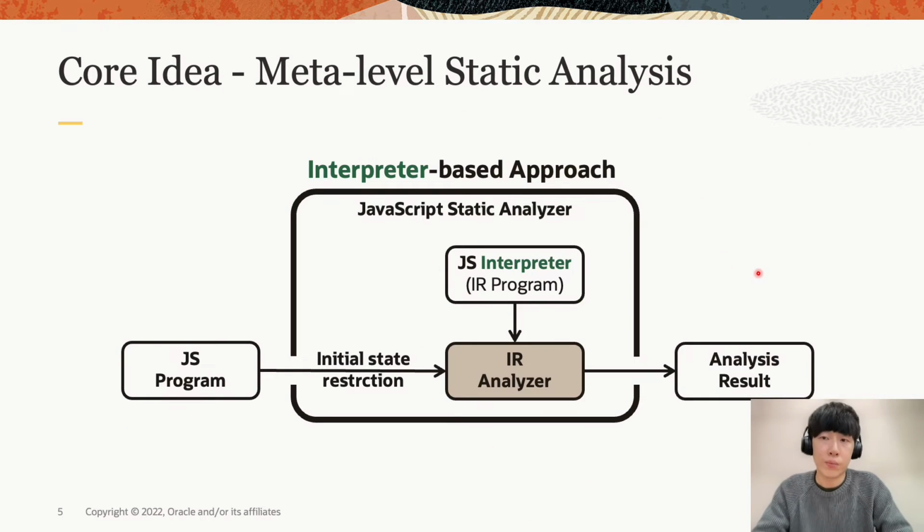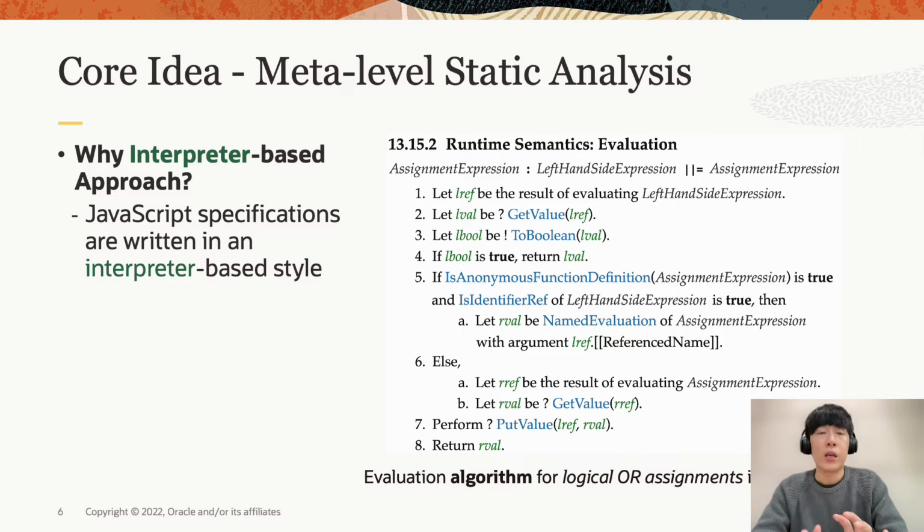To alleviate this problem, we presented a novel interpreter-based approach called meta-level static analysis. Before explaining its concept, I will explain why the interpreter-based approach could resolve this problem. JavaScript is an interpreter-based programming language, and its language specification is also written in an interpreter-based style.